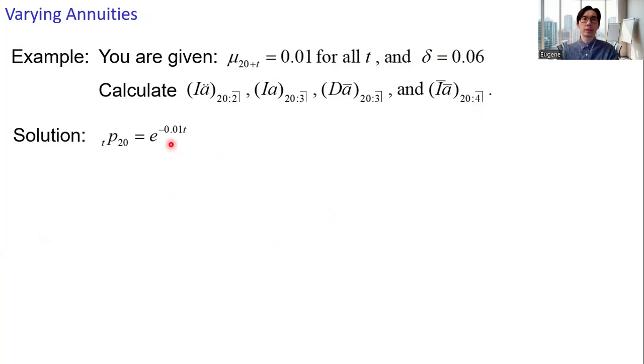For the first annuity, we have an increasing annuity due. This is a 2-year term. The individual receives a payment of 1 immediately. And then when the individual reaches age 21, the individual receives a payment of 2.